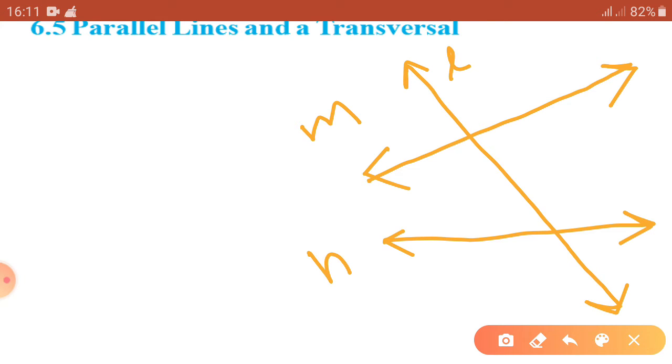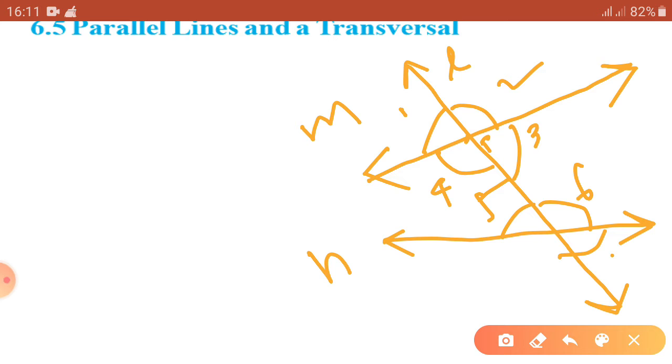Okay, and this angle is 1, this angle is 2, this angle is 3, this angle is 4, this point is P. Okay, and this angle is 5, angle 6, angle 7, and angle 8. Okay, and this point we know is Q point.